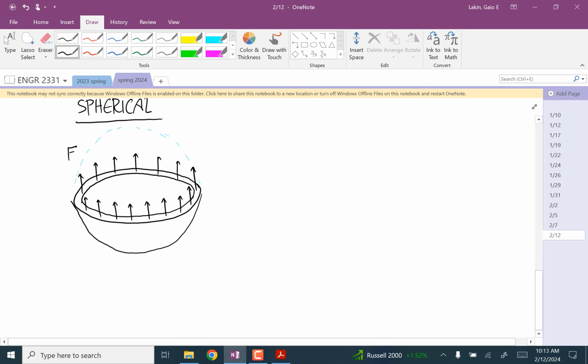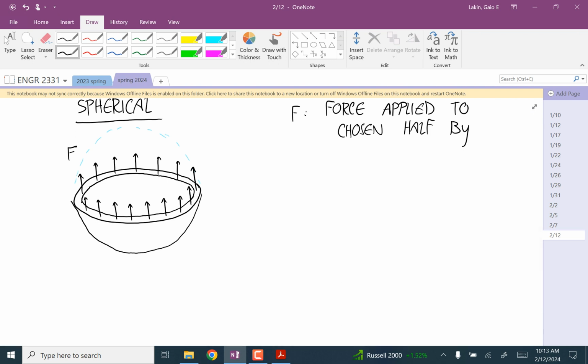And what's applying that force F? So F is the force applied to our chosen half by the material that we're just ignoring for this analysis.